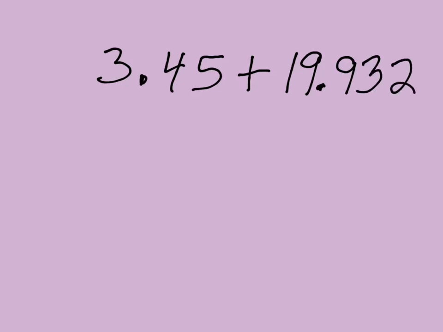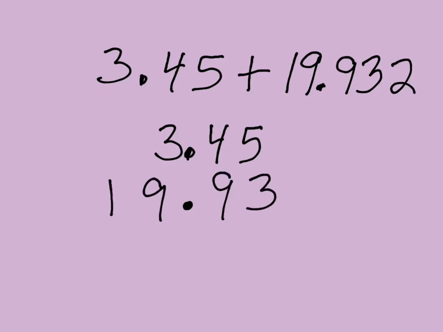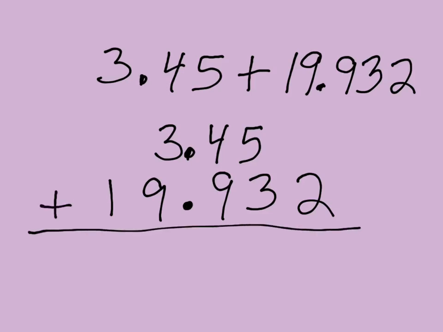So we take 3.45, our first number. We write it being very clear to have separate columns for everything. And we have 19.932. So we're going to have the decimal point and then 19 on the left of the decimal point and then 932. I've got a really big space between those. I've got it spread out quite nicely so that way I can keep my columns lined up. And then we just add it.